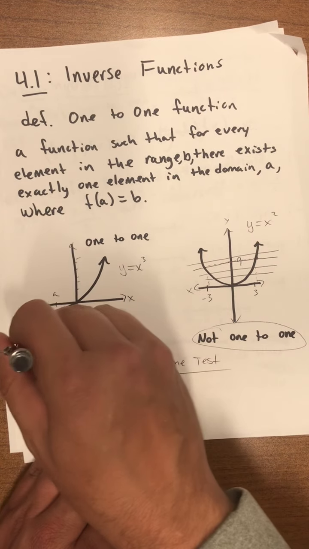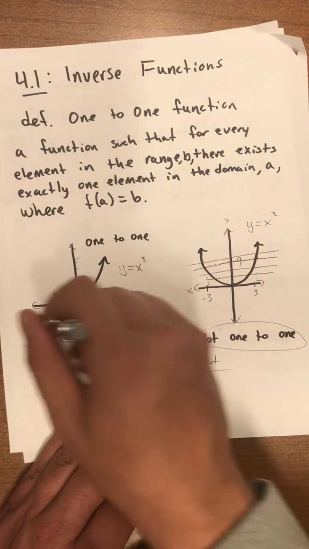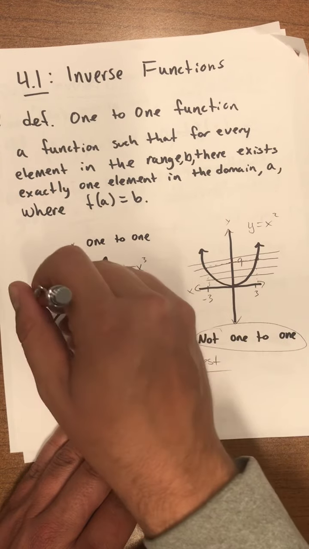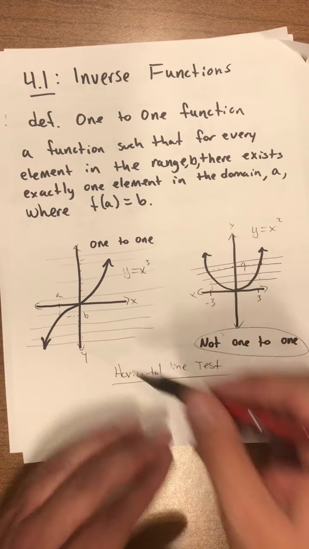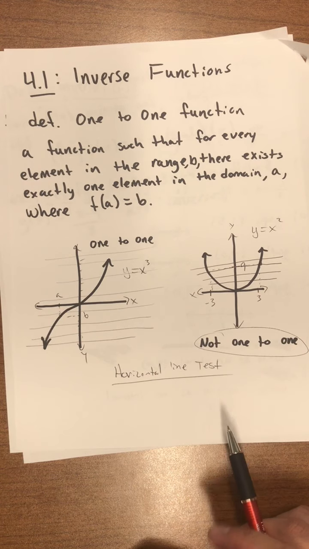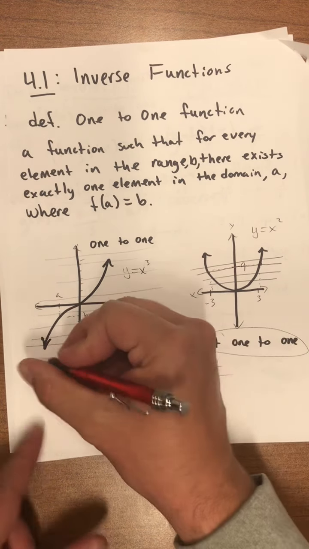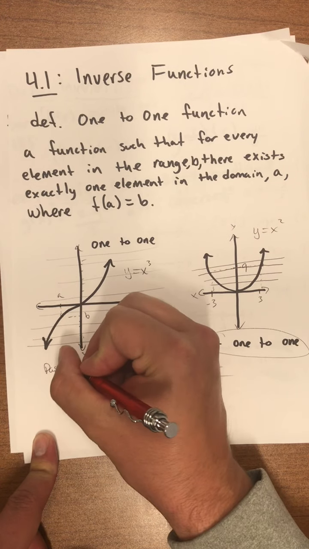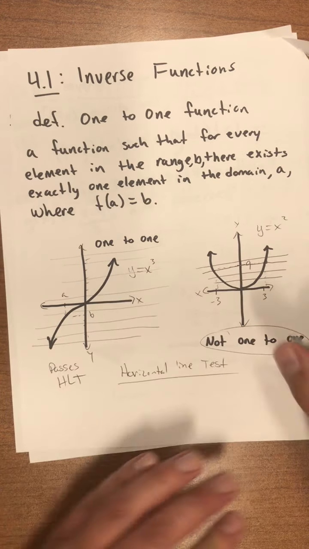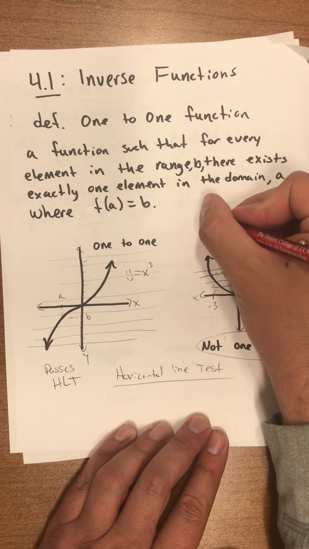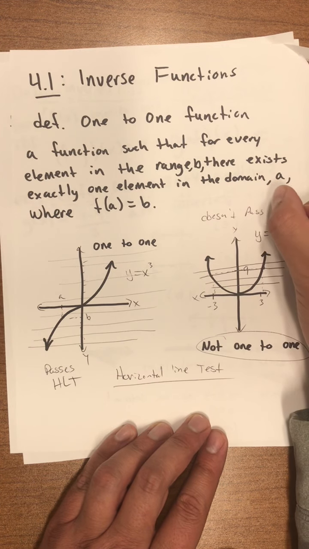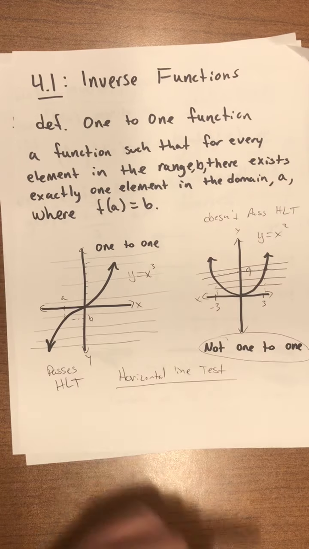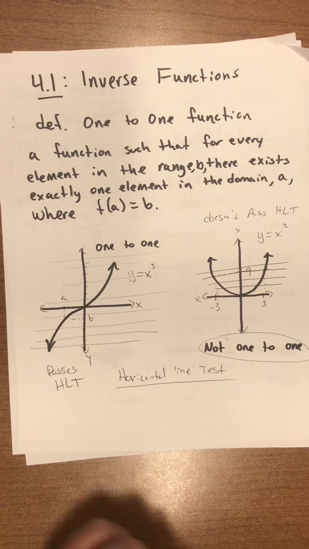So if we look over here, you'd sweep a horizontal line from -infinity on the y all the way up to +infinity on the y. So here we have the cubic function. It passes the HLT. And over here, x squared doesn't pass the horizontal line test. So that's how you can determine that graphically.